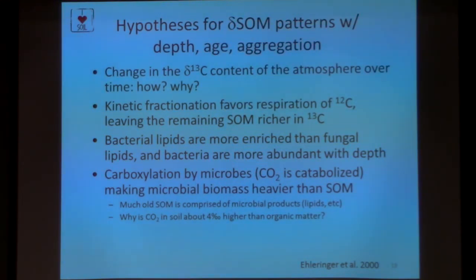There's carbonic anhydrase that basically dissolves CO2 and incorporates it into solution. And then that can incorporate CO2 from the environment, and it makes microbial biomass heavier than the soil organic matter. And so this is another important thing to consider when we realize that a lot of that old soil organic matter is just microbes, right?